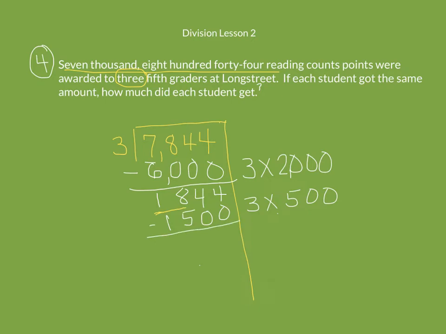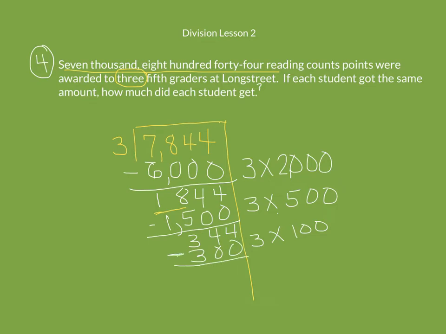Now let's see what we still have left to split apart. 800 minus 500 is 300. So now I've got 344 to still split between the 3 students. That's easy. I can give each student 100. So 3 groups of 100. 3 times 100 is 300.